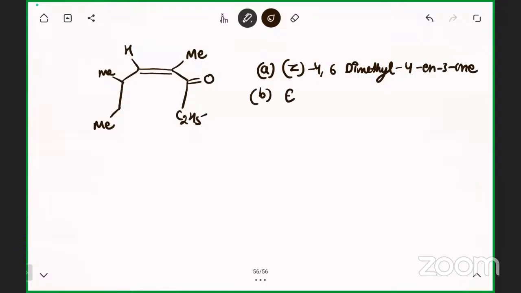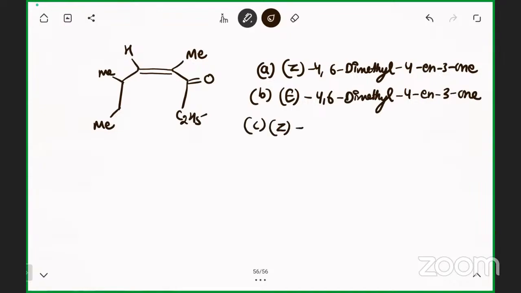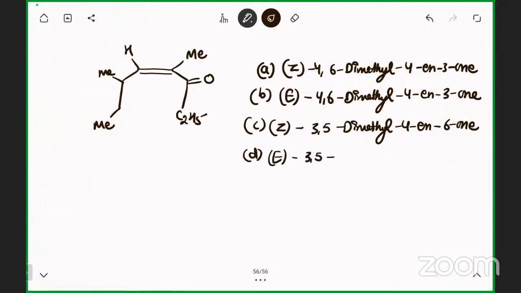B option, E-4,6-dimethyl-4-ene-3-one. C, Z-3,5-dimethyl-4-ene-6-one. D, E-3,5-dimethyl-oct-4-ene-6-one.